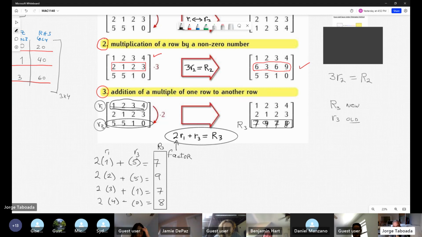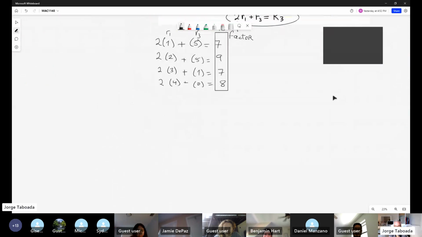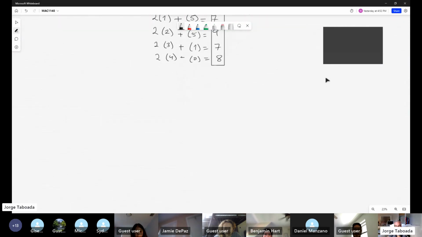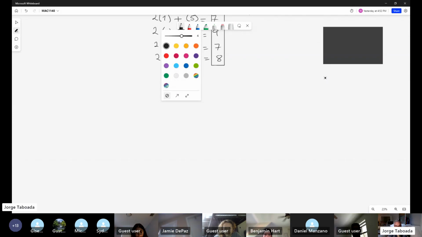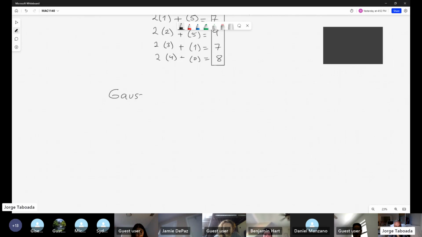I want to explain now. Look, the algorithm that was created for solving a system of equations using matrices was created by the mathematician Gauss. That is the reason the method is called the Gauss elimination process.